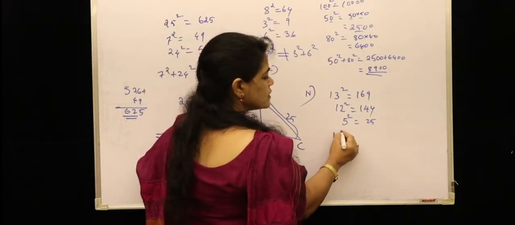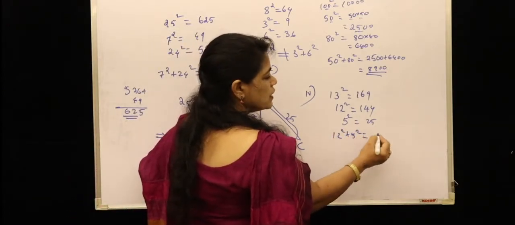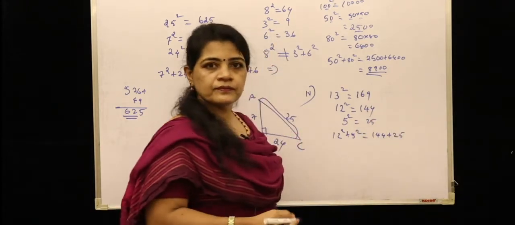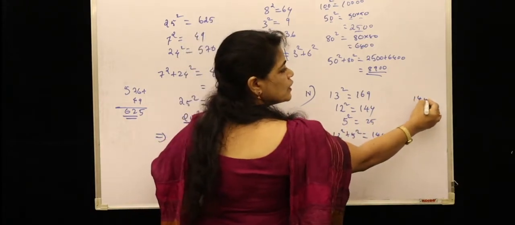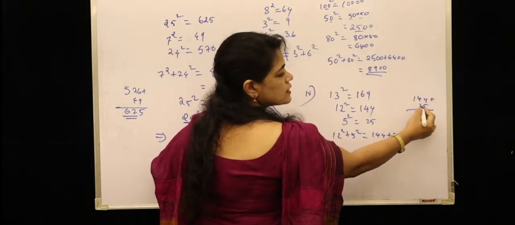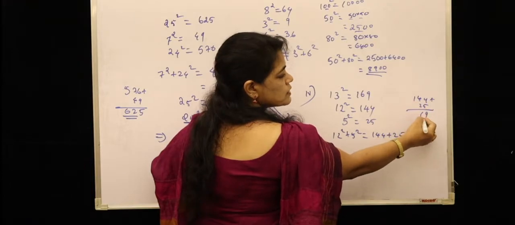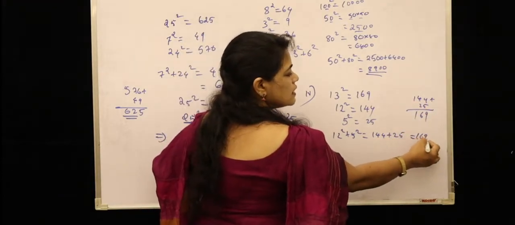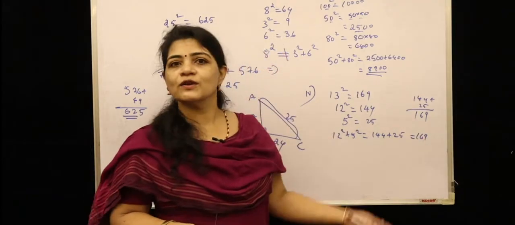We are going to take the sum of the squares of 12 square plus 5 square. That is 144 plus 25, which is 169, right? 144 plus 25: 5 4s are 9, then 6 plus 4 plus 2, 6 and 1. That is 169, and this is equal to 13 square.